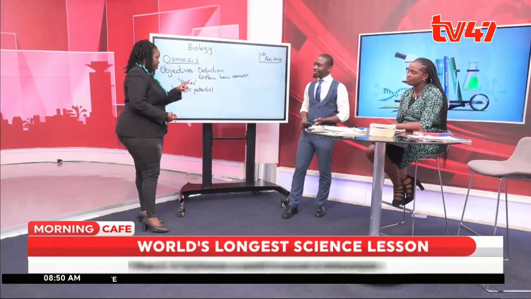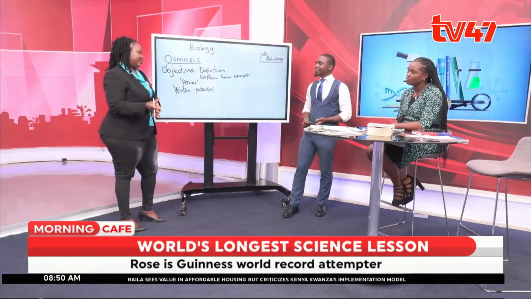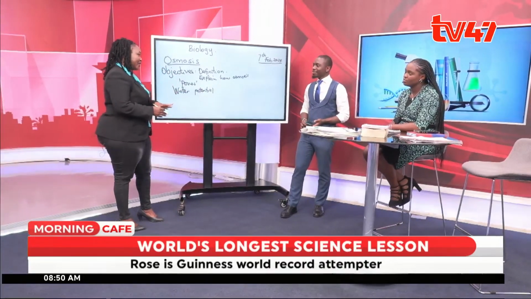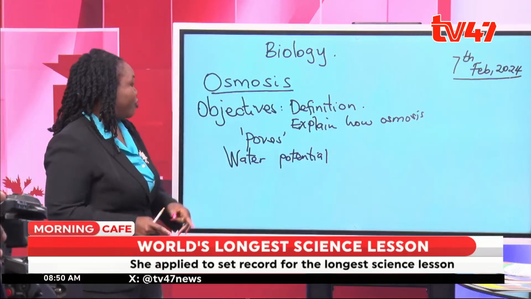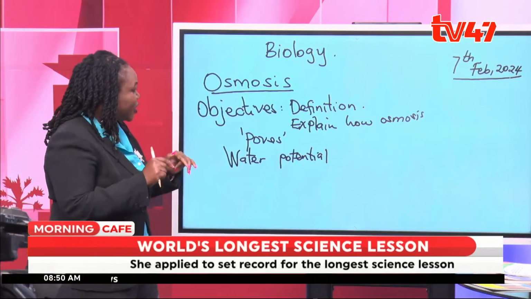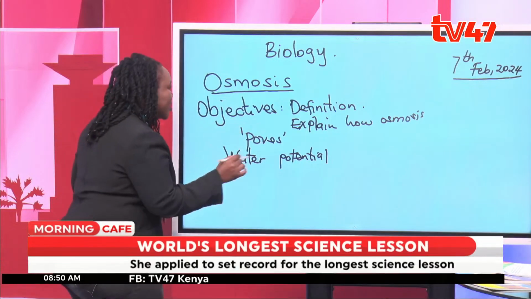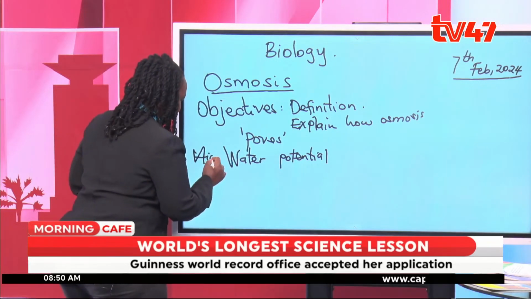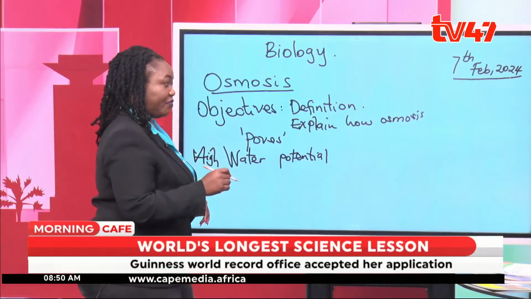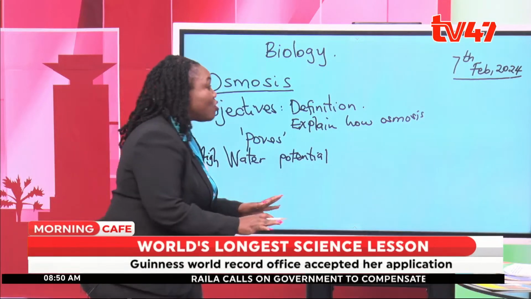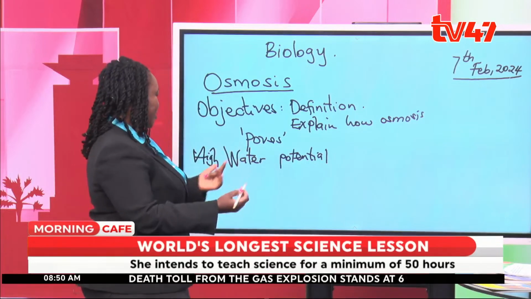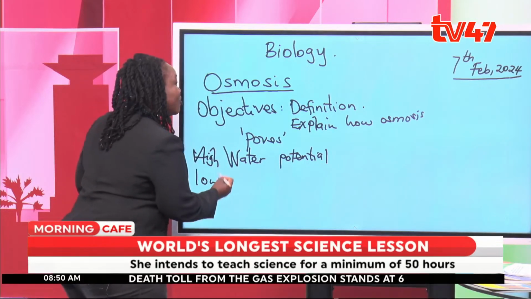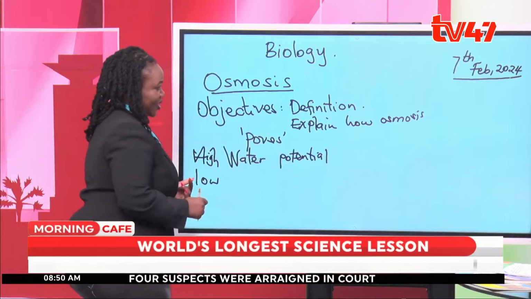Let's call the soil region A and inside the plant region B. In the soil, we have a lot of water, so we refer to the soil as a high water potential region. Inside the tissues of this withering plant, there is no water, that is why it is withering. So it is a low water potential region inside your plant tissues.